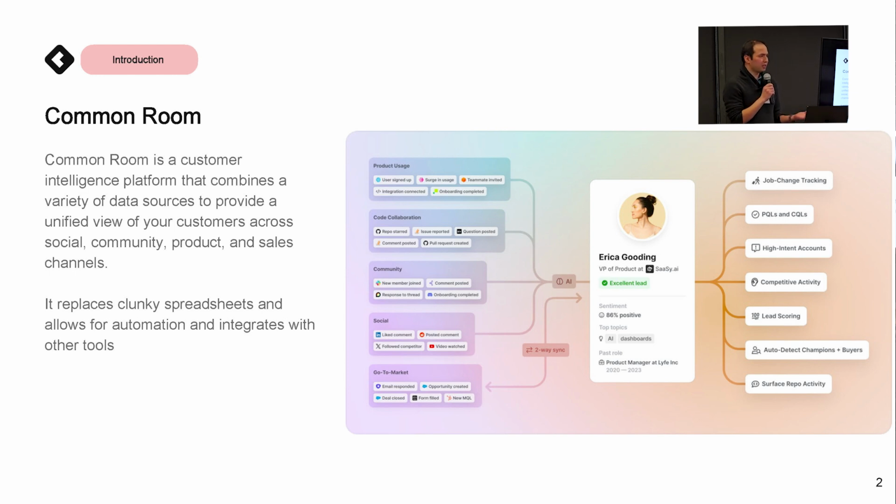Previously, people would basically build a giant spreadsheet, export a bunch of data out of Twitter, out of Slack, and then try to manually combine and parse all this information, which sounds terrible.